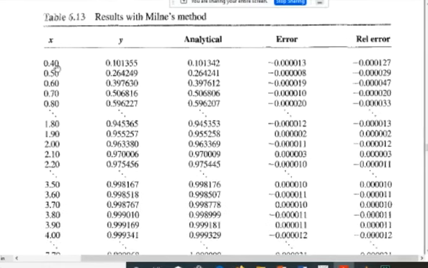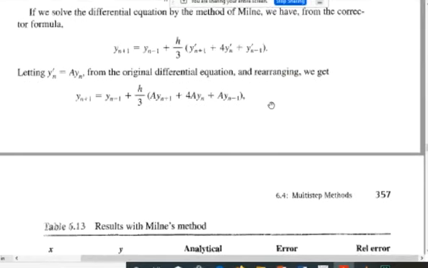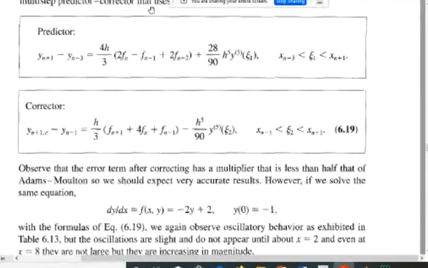We start from 0.4 because of our algorithm. We need 4 steps at first, because in this case we use information from previous steps, not just a single previous step, but multiple previous steps.